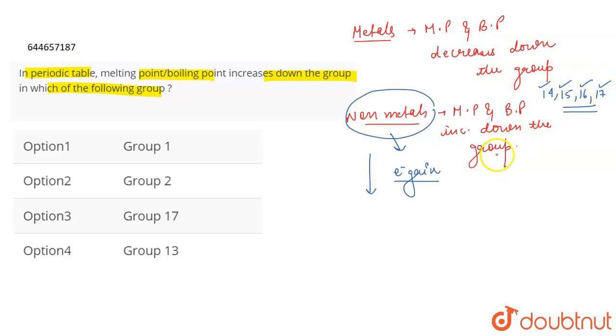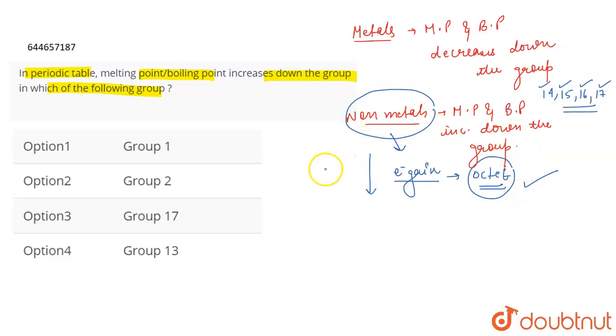They have a tendency to gain electrons, and on gaining electrons, they complete their octet, and they undergo closed packing because of the complete octet.